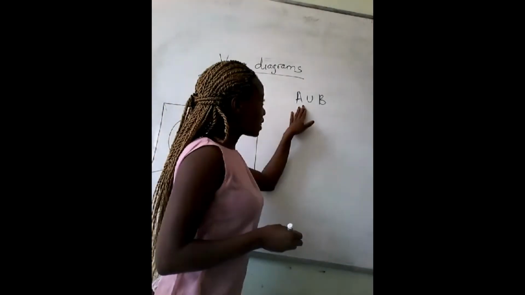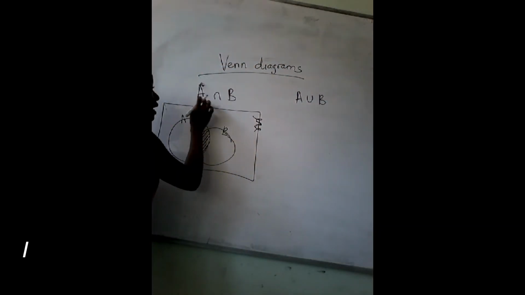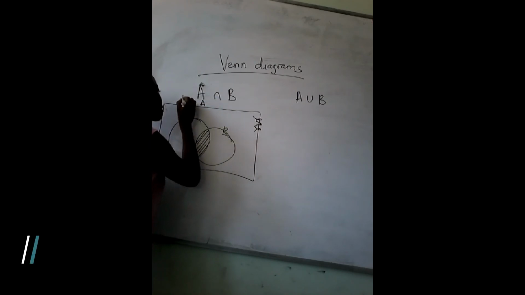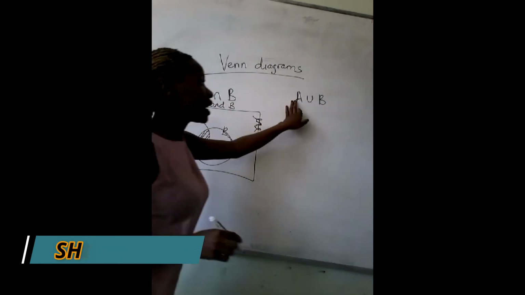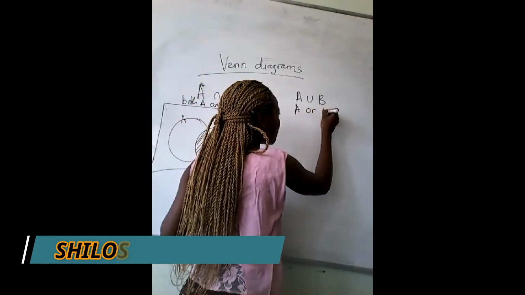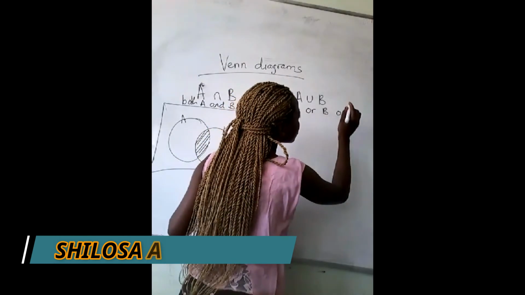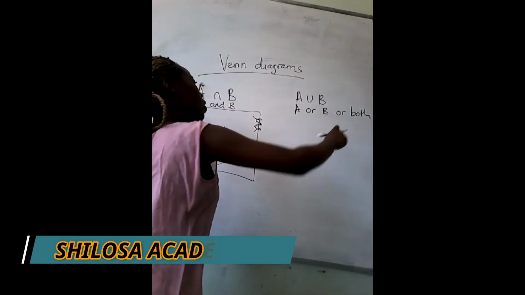But on A union B, here we are saying on A intersection, A is both. This represents both A and B. But on A union B, this represents A or B or both.